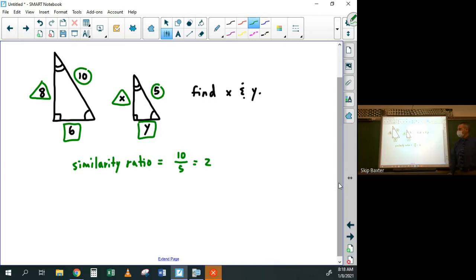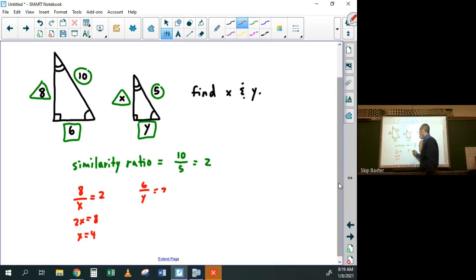To find the missing sides, I just set the ratio equal to 2 in each case. To find x, I set 8 over x equal to 2. So 2x equals 8, and x equals 4. To find y, I set 6 over y equal to 2. Cross multiply, 2y equals 6, and y equals 3.